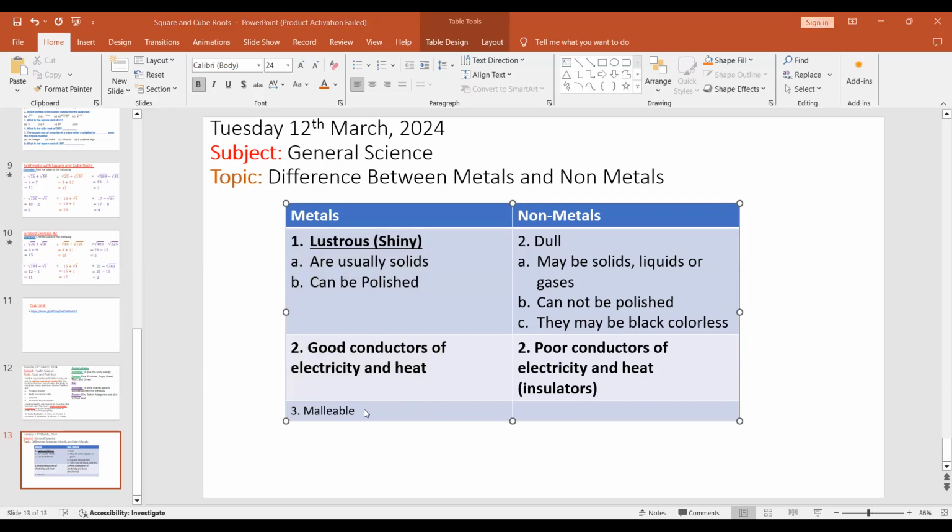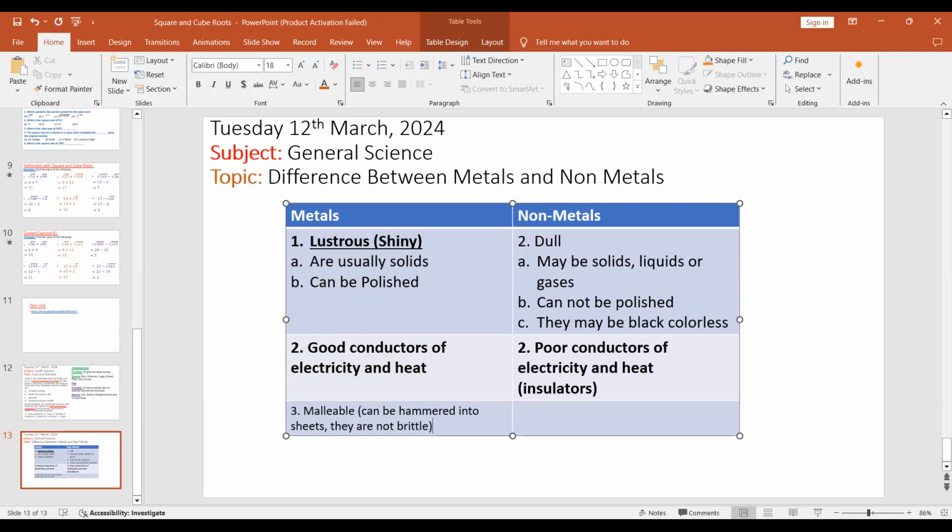They can be hammered into different shapes, into sheets, right? Even though you bend them or hit them, they are not brittle, right?